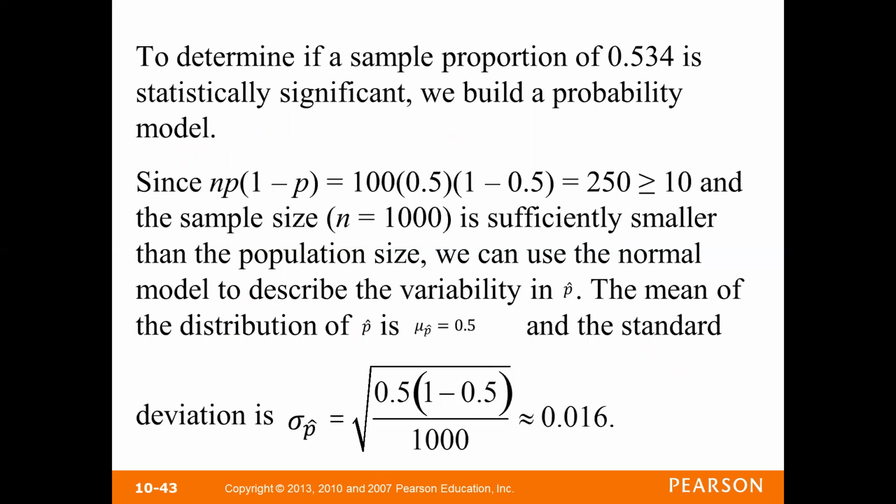So in this example, we've got a sample proportion of 0.534. If we assume the null hypothesis is true, that the true proportion of the population is 50%, then our sampling distribution would have a mean of 50%, and the standard deviation of that distribution would be about 0.016, using the formulas that we came up with in sections 9.2 and 8.2.